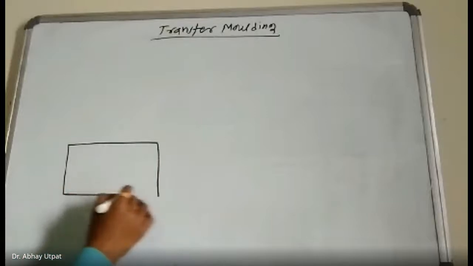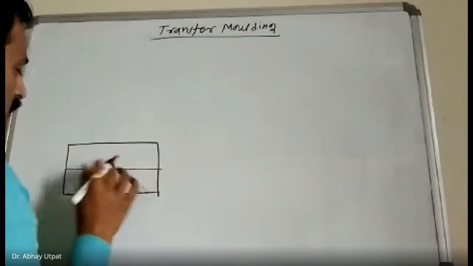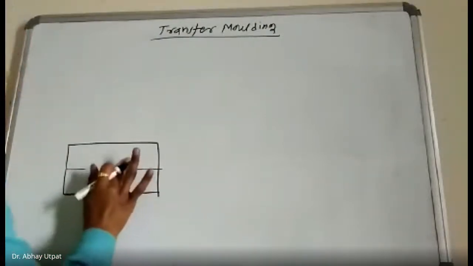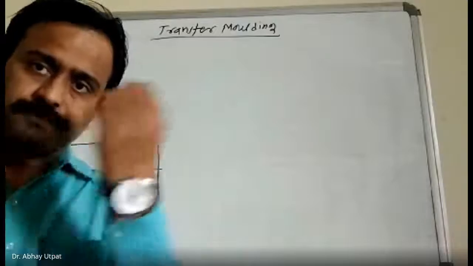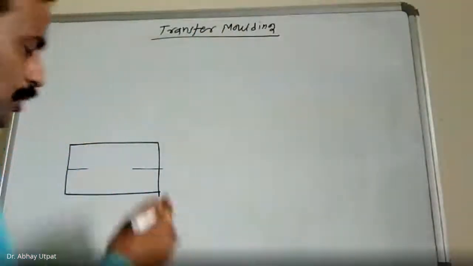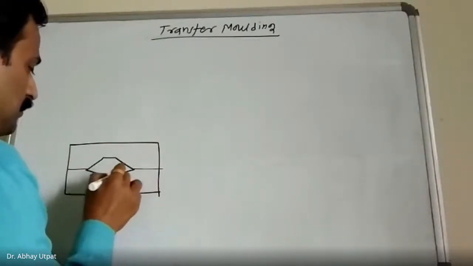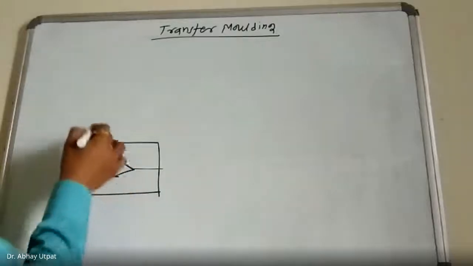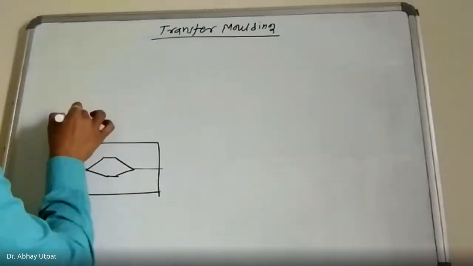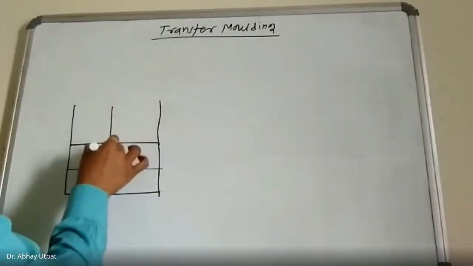Next line. Then it is transferred to the mold from the bottom sprue. Arrangement as shown in the figure.